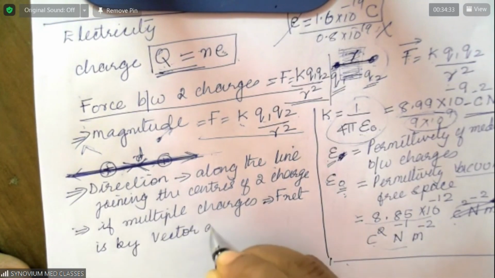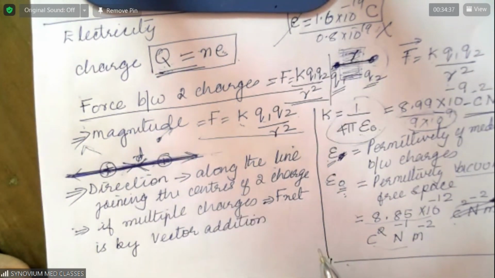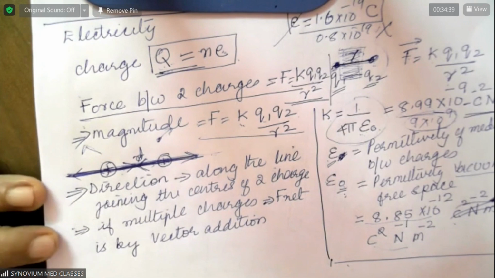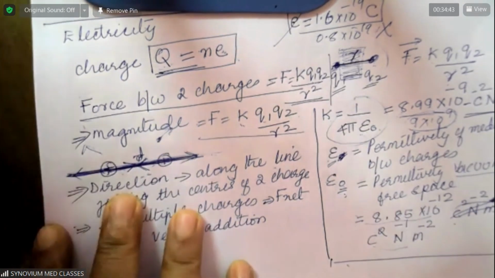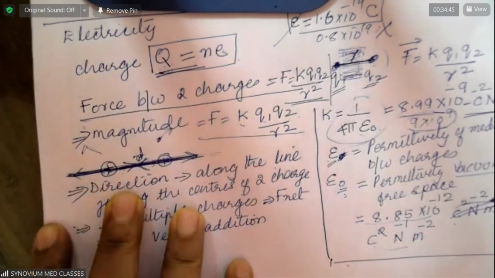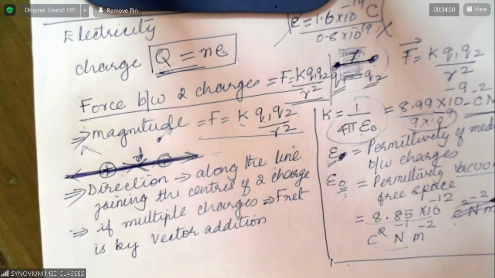What do you mean by vector addition? Components adding together. Two methods you have learned: the triangle law, or the parallelogram law.